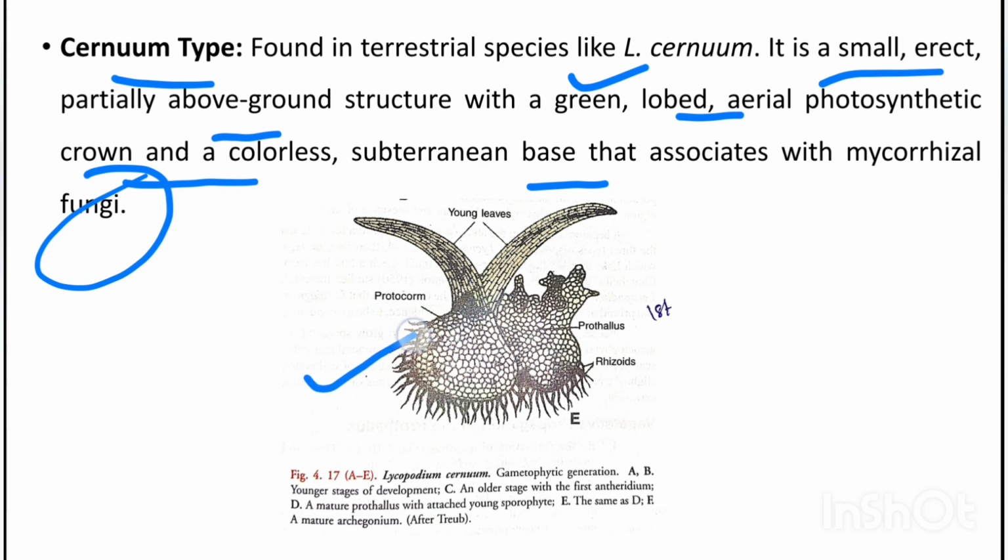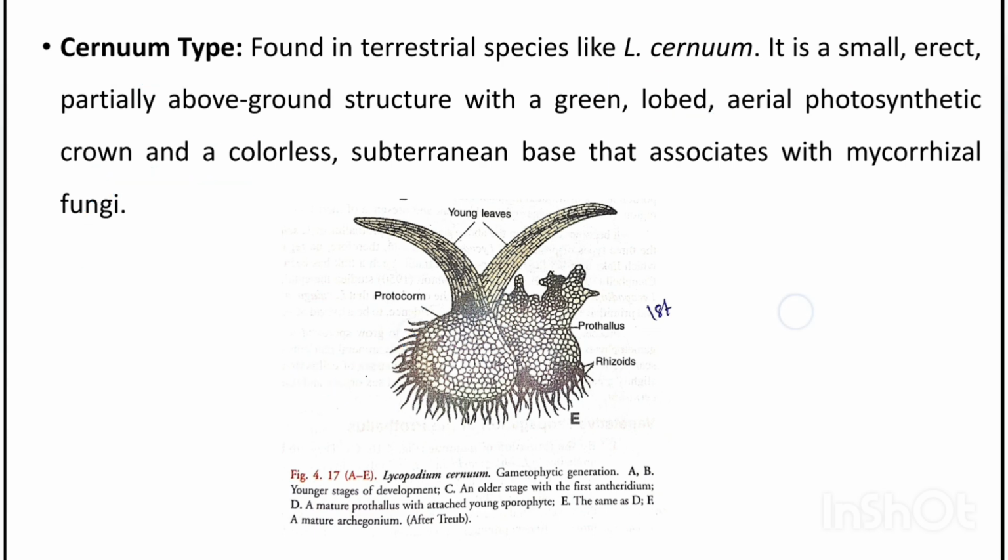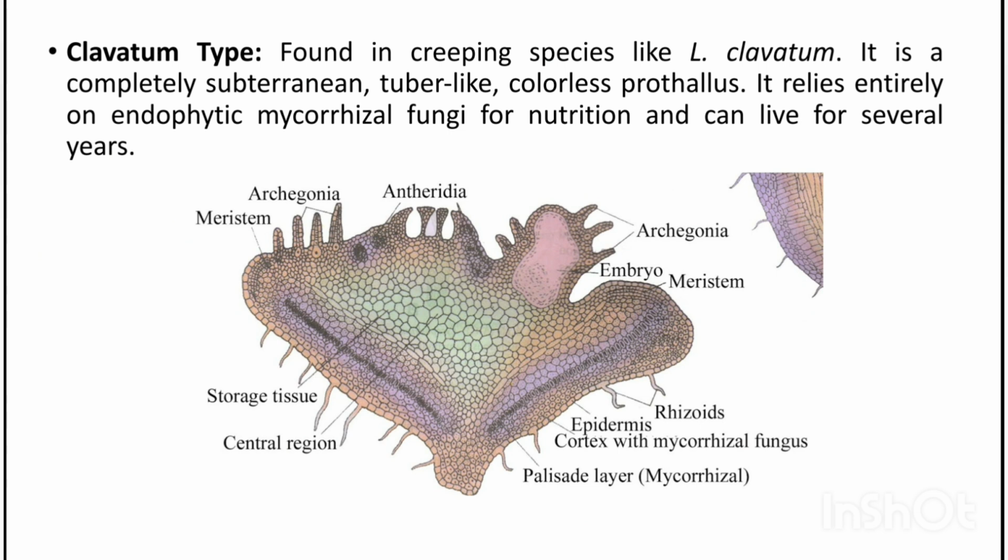This is the diagrammatic representation of the Cernuum type of prothallus. Next is the Clavatum type, which is a completely subterranean, tuber-like, colorless prothallus. It is completely dependent on endophytic mycorrhizal fungi for nutrition. This type of prothallus is observed in Lycopodium clavatum.